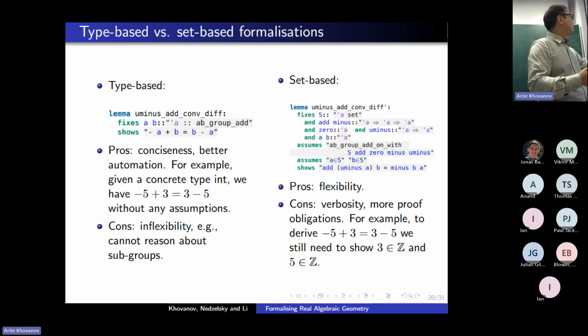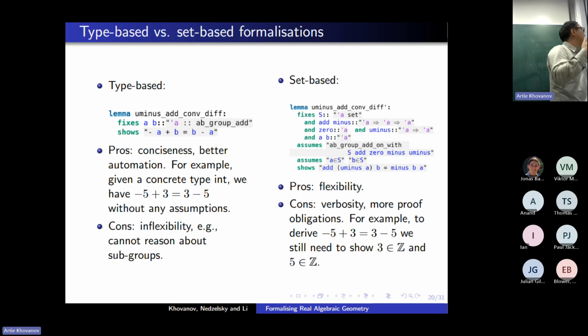On the right is a set-based formalization. You see it's quite verbose, and it has an explicit encoding of the carrier set. We also have these assumptions.